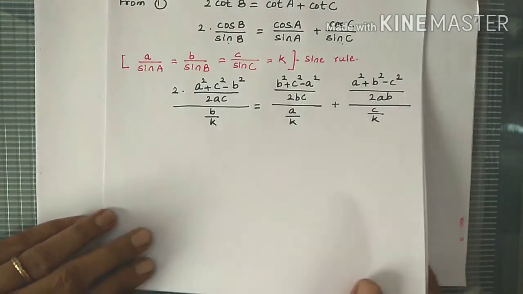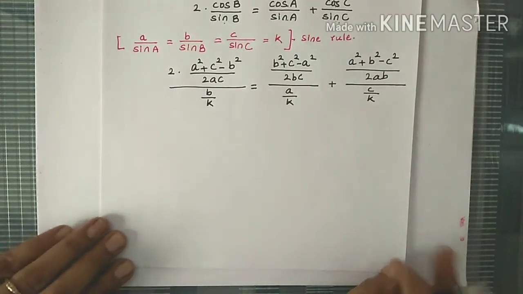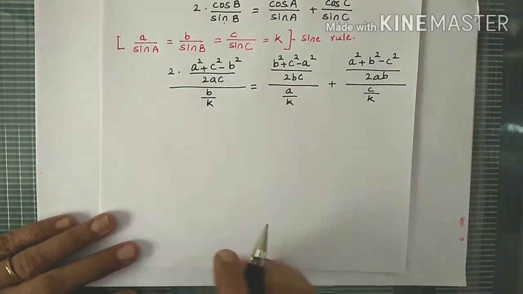So we have substituted for sin A, sin B, sin C, as well as cos A, cos B and cos C. Now let's simplify this.